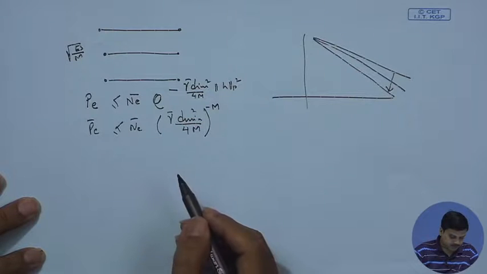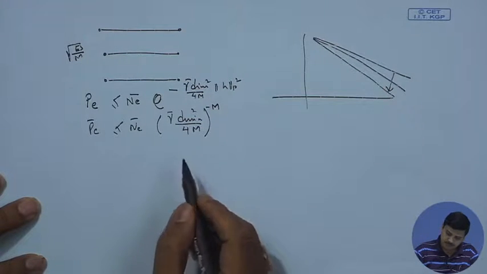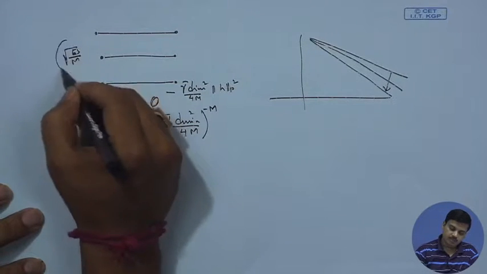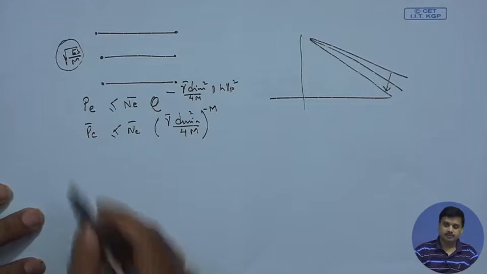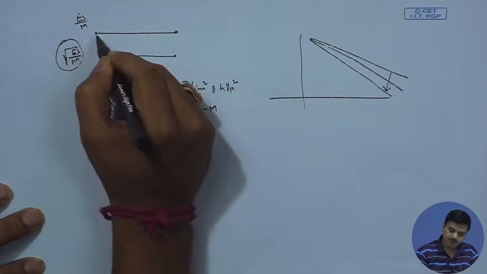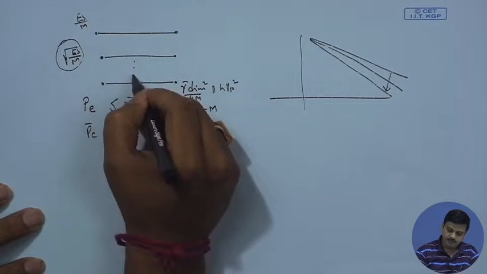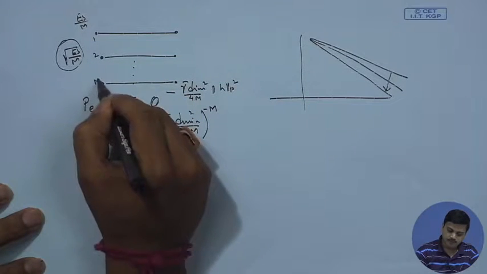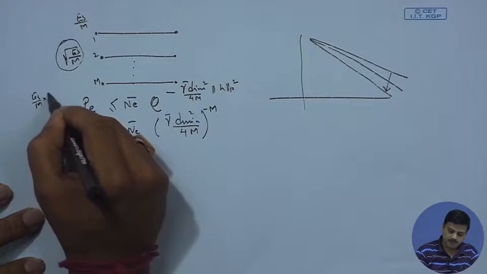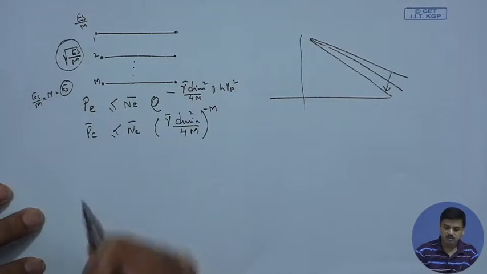So now the beauty of this particular description is that the total transmit power remains the same, because transmit power per branch is Es by M, and if I add up all of them, like 1, 2 up to M, I'm going to get Es by M multiplied by M is equal to Es. So that is the total power.